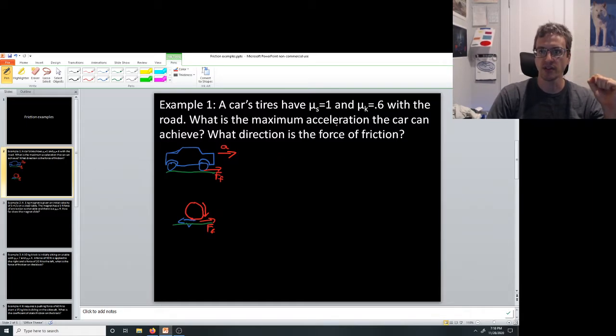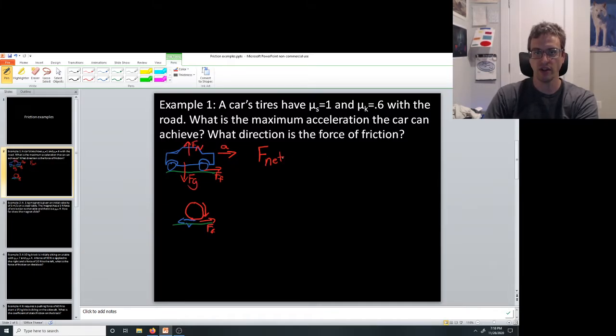All right, so maximum acceleration. The maximum force is when F net, we've got the force of friction that way. We've also got the Fg and Fn. And as I told you guys before, F net horizontal is just going to be equal to the force of friction.